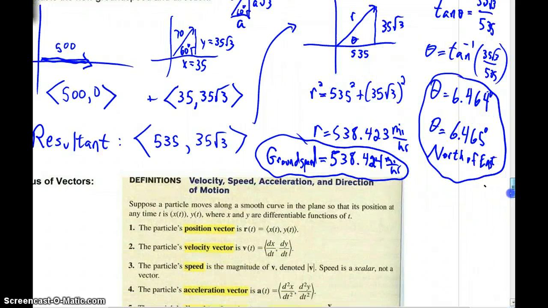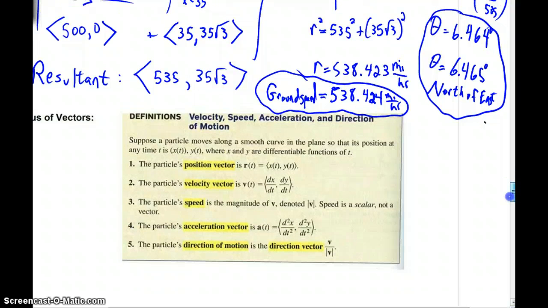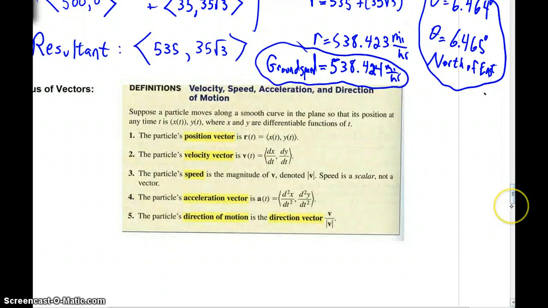Real quickly, let's take a look at calculus. From the calculus standpoint, we're going to stick with working with components. For a position vector, you can see r of t will be written as a vector in components, x of t, y of t, where t is representing time.